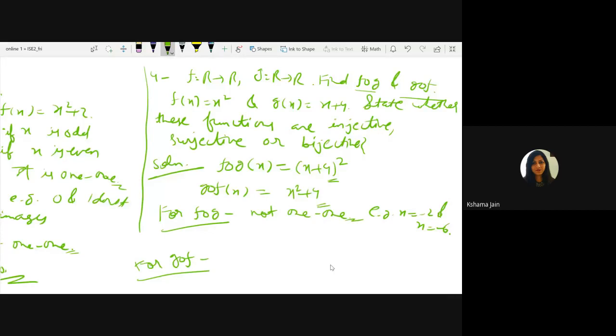Onto? Is it onto? No, ma'am, it will not be onto. Why? Because x square, putting as -1, we will get no pre-image. Oh, FOG we are talking about.